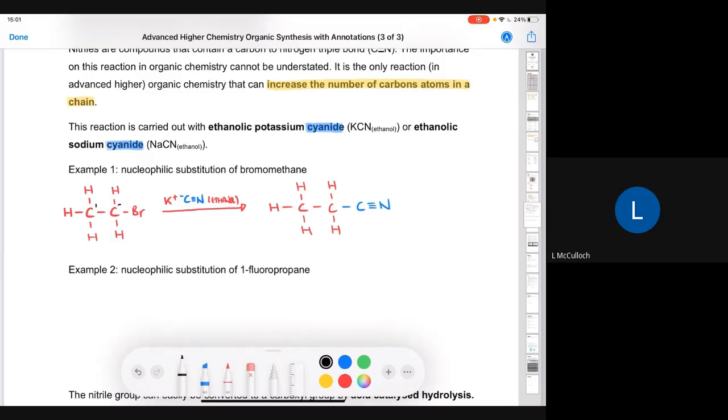In our reactant here, we've got 2 carbons in our longest chain, and in our product here, we have 3 carbon atoms in our longest chain. Again, I'll just give you a moment to make sure you've got that copied in.